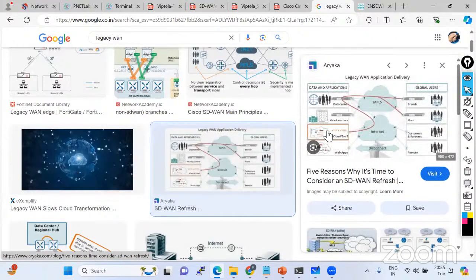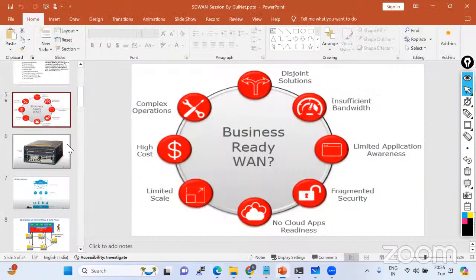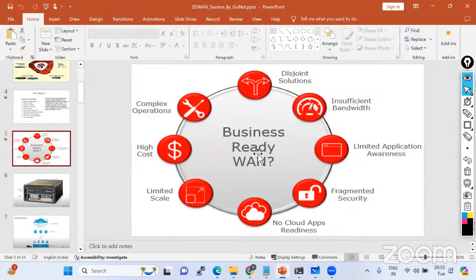We have a data center, MPLS, internet, global users, a lot of connectivity. When we are using this connectivity, we have a lot of challenges. This is the business-ready WAN. What are the main key challenges? We have a very high cost of the entire operation. Why is this so high?